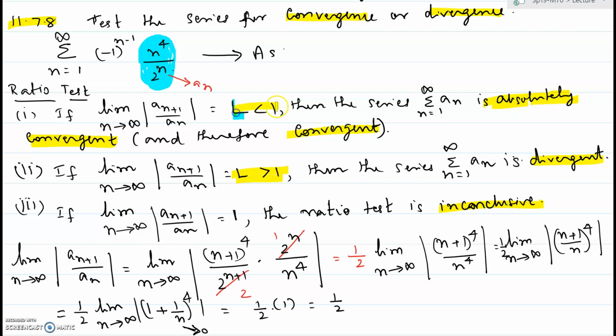That is the condition we have in our case. So it is half equal to L, and L is less than 1. So the conclusion of the first part of the ratio test: sigma an is absolutely convergent and hence convergent by ratio test.